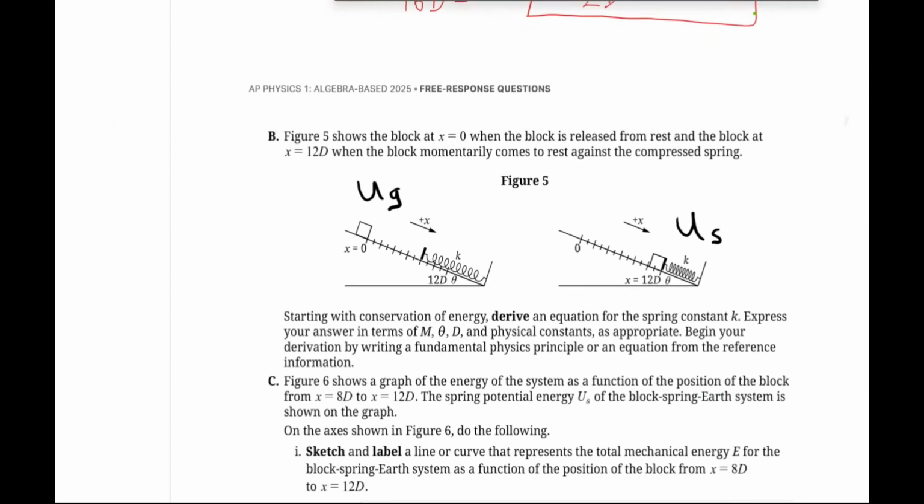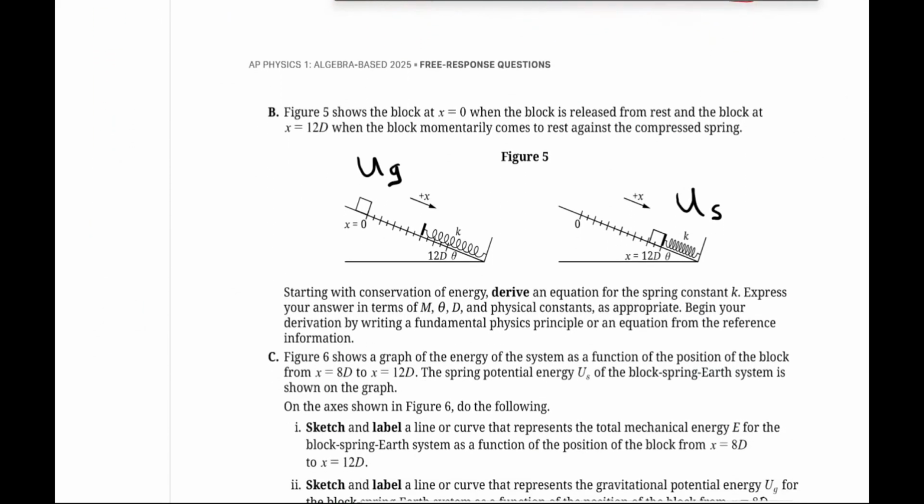It says that figure 5 shows the block at x equals 0, released from rest, and the block at x equals 12d when the block momentarily comes to rest against the compressed spring. So it is all gravitational potential energy, which we know as mg delta y or mgh, and then it becomes all spring potential energy, which is 1/2 kx squared.